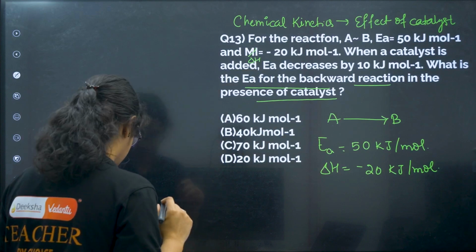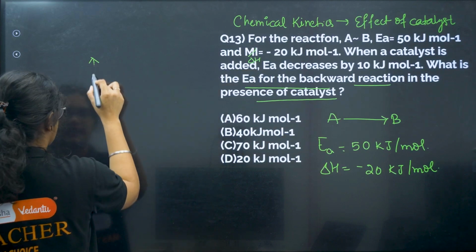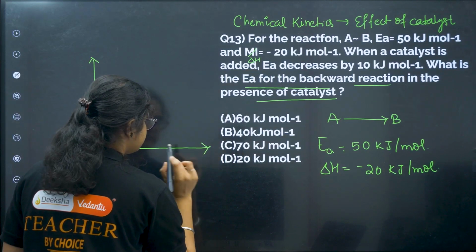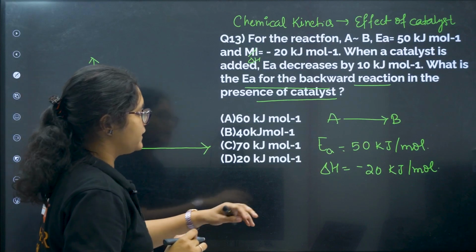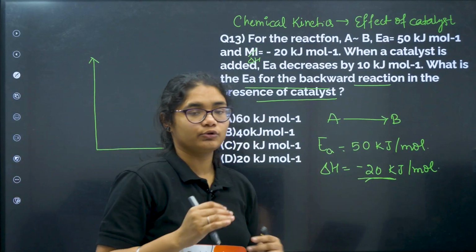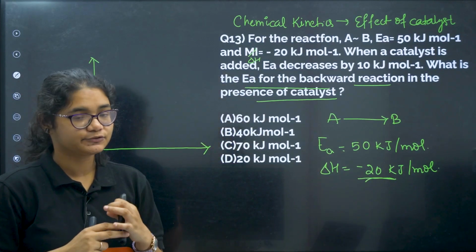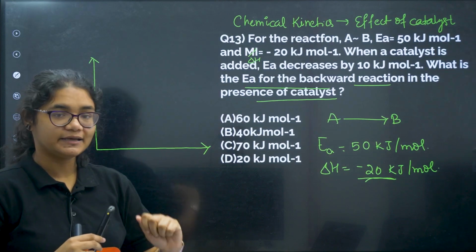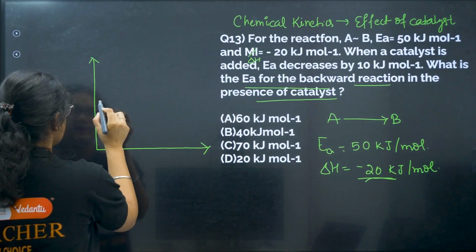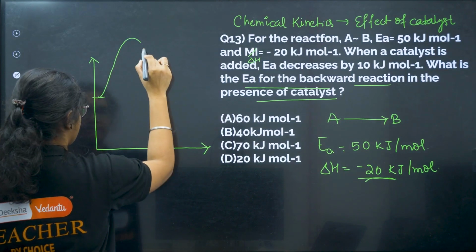So now let us see here, we have a reaction like this, A to B, it is minus 20 kilojoule per mole, meaning the reaction is exothermic, the product's energy will be less than the reactant energy, so I can draw it like this.